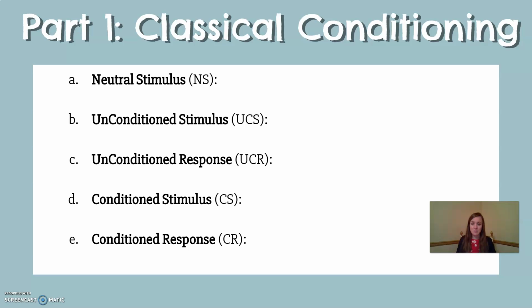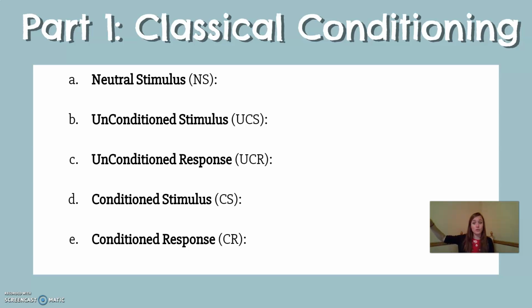A conditioned stimulus is a stimulus that you've been conditioned to. You have learned to have an involuntary response to this object that you didn't naturally have a response to. So this starts as your neutral stimulus. For example, the bell.